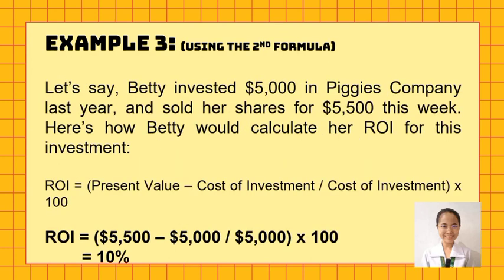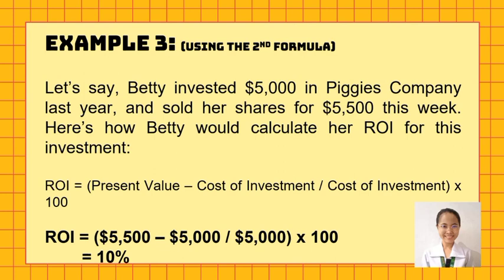For our last example, we use the second formula. Let's say Betty invested $5,000 in Piggy's company last year and sold her shares for $5,500 this week. Here's how Betty would calculate her ROI for this investment.